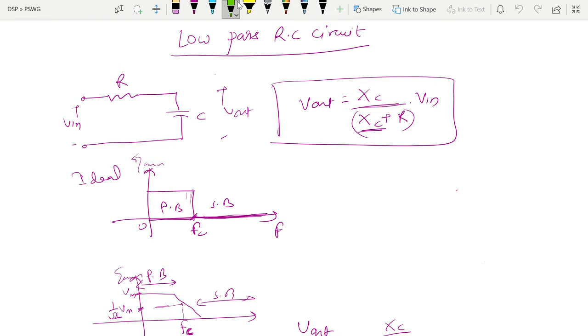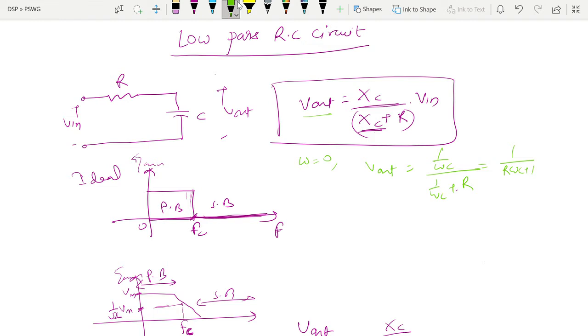I've told you that first of all you have to check, for omega equals 0, what the output voltage will be. For omega equals 0, Xc will be 1 by omega C, and after calculating it, it will be like this.